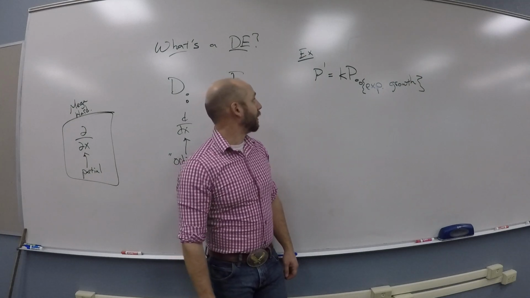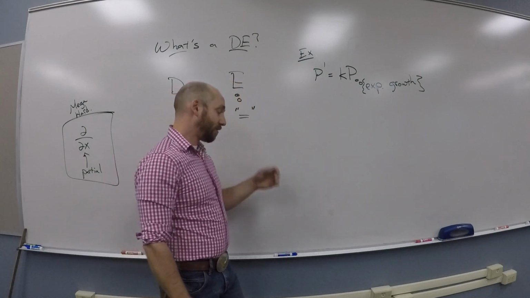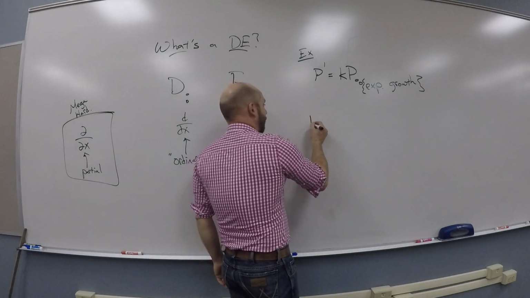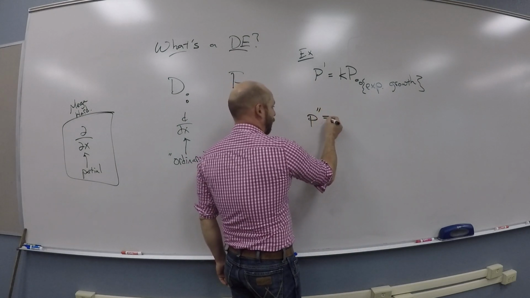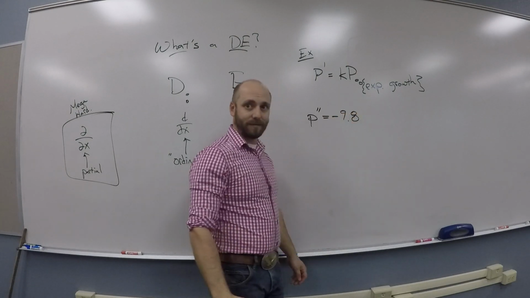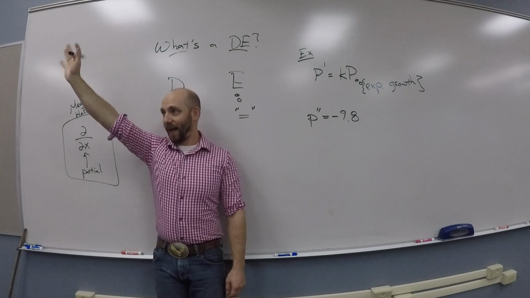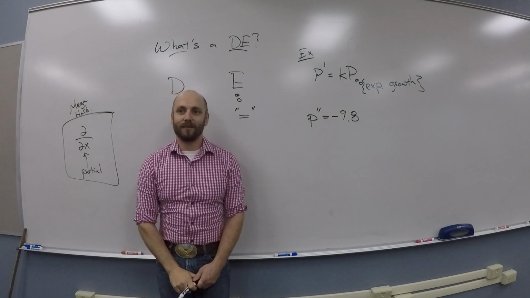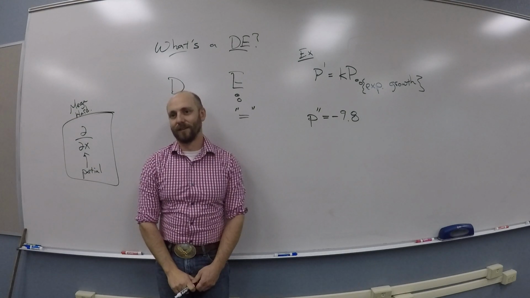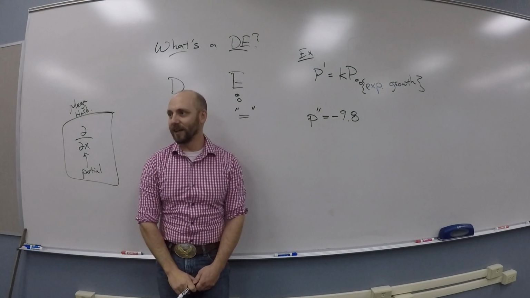Okay. I think I have a couple other examples. There's one near and dear to your heart, which is P double prime is minus 9.8. Hooray! Motion. What's this one? Yeah, this would be acceleration due to gravity.